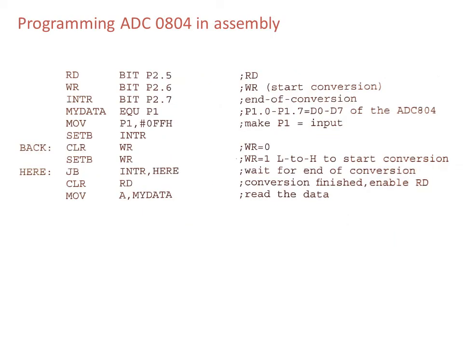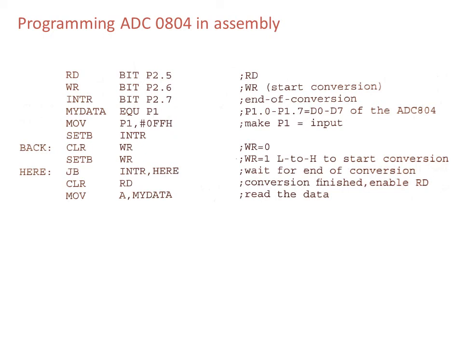The next important topic is programming ADC0804 in assembly language. If we observe the program, port 2.5, the fifth bit of port 2, is assigned to the read pin, and bit P2.6, that is port 2.6 bit, is assigned as the write pin.